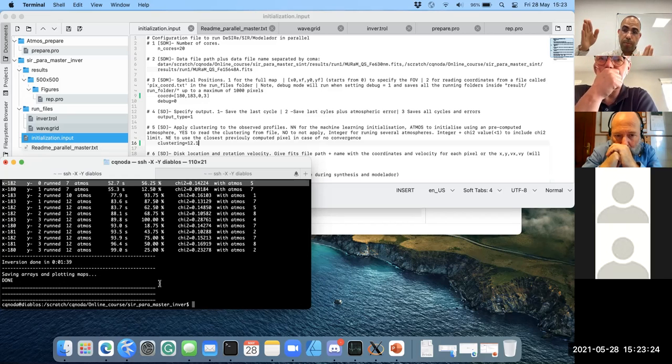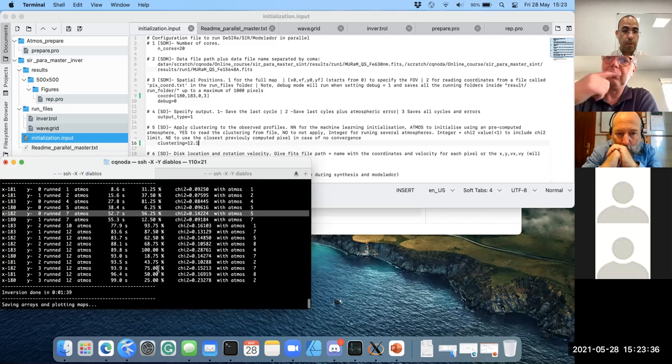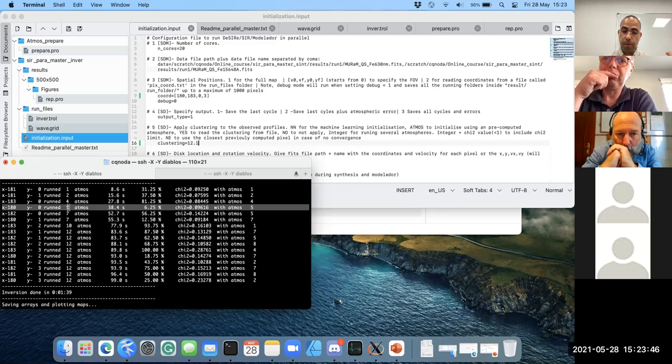But when we reach that point, the code looks for the chi-square from SER. Because this is the one that really contains Stokes I, Q, U, and V, and is the most accurate one. So what the code is saying is that in this one, for example, the code reached the threshold in the 5th inversion.